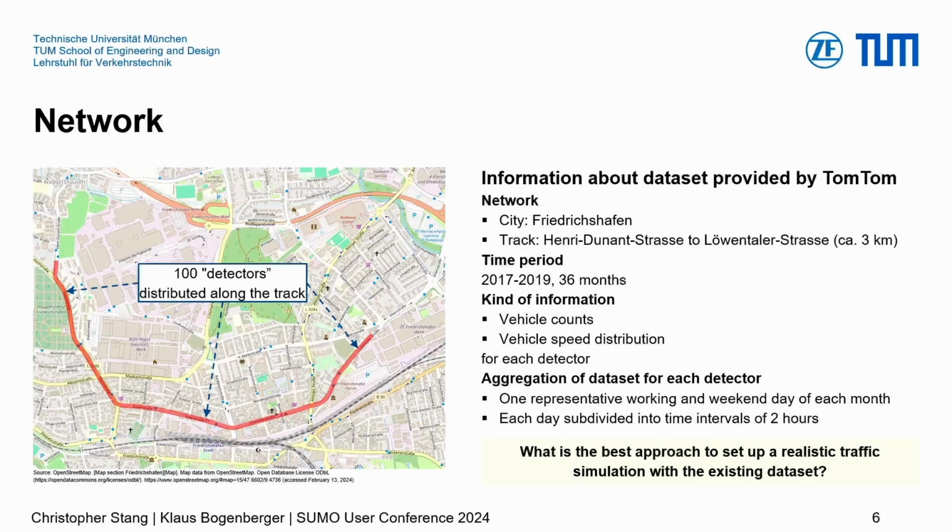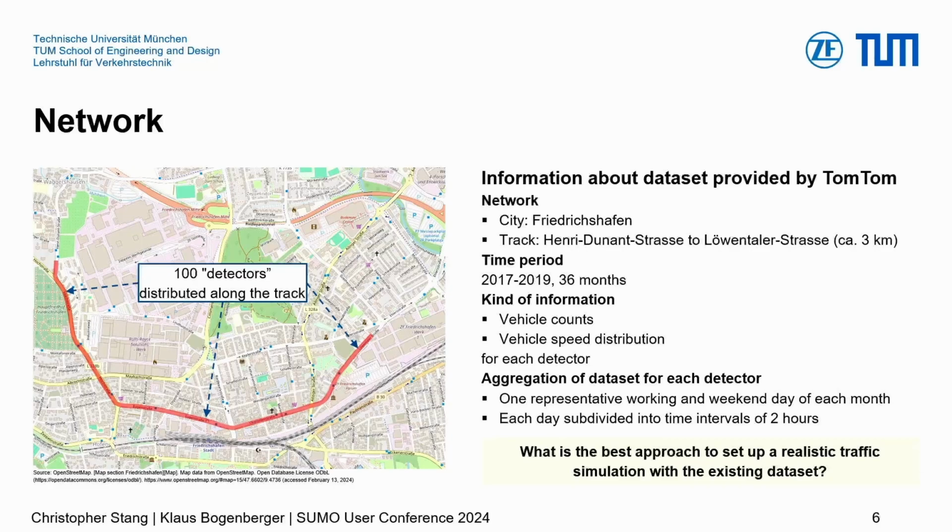In sum, the data set contained information for 100 road segments, and as each road segment can be interpreted as switch or detectors, I would say, I also will call them detectors in the following explanation. So in sum we had 100 detectors distributed along the track for a time frame of 36 months, ranging from the years 2017 to 2019.